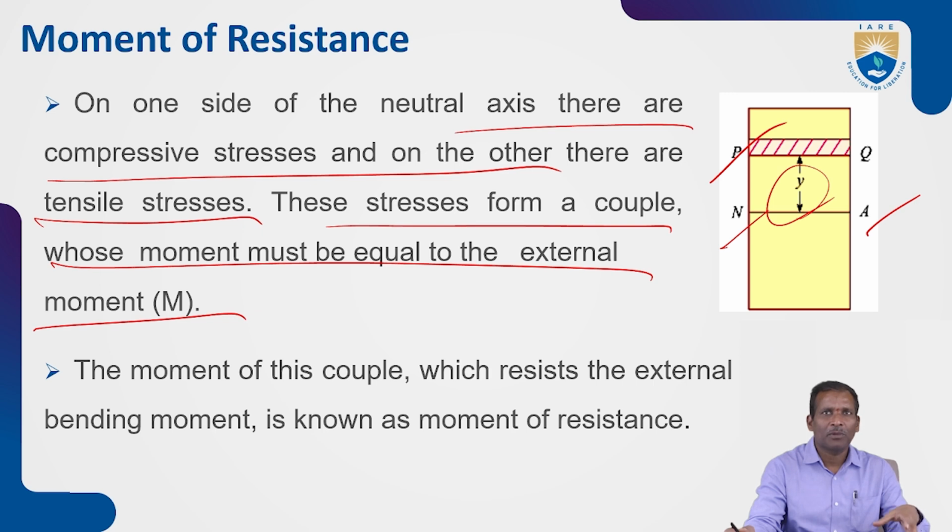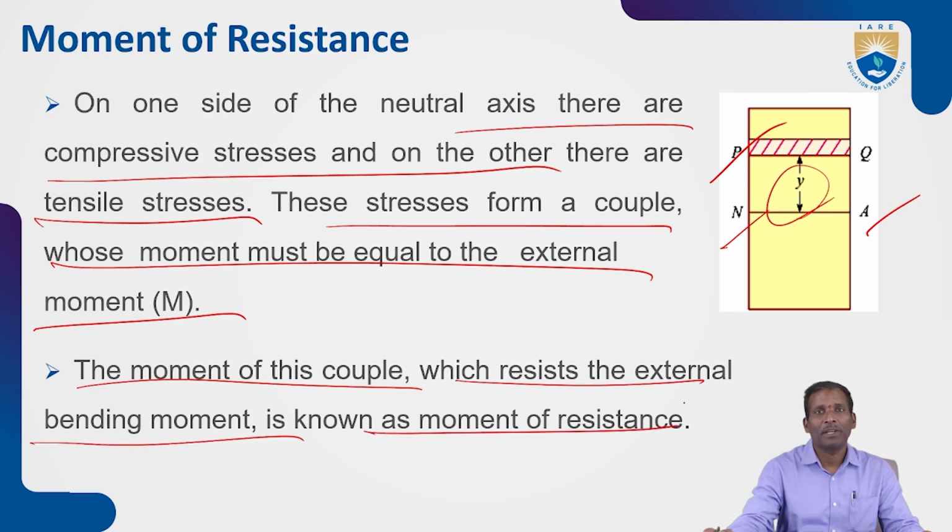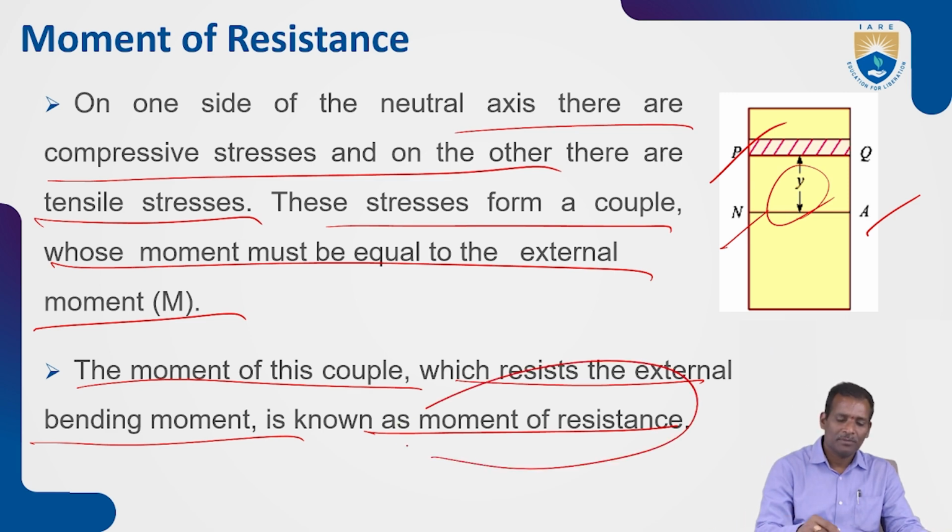The moment must be equal to the external moment. The moment of this couple which resists the external bending moment is known as the moment of resistance. Whatever couple is formed resists the external bending moment.